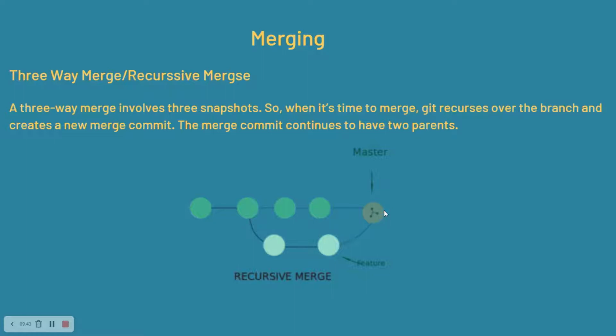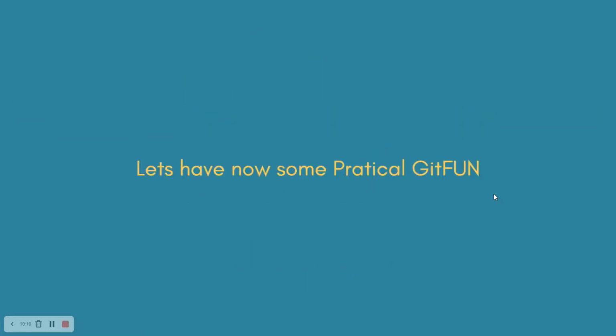That's where Git plays an important role with the recursive merge, where it creates a new commit id that has the feature commits as well as the master commits. Now that commit is your master branch. I hope you got a basic understanding of it. Let's look at the practical session.